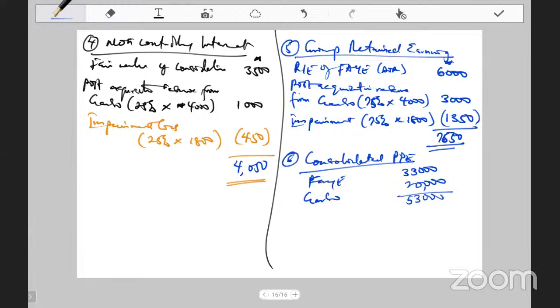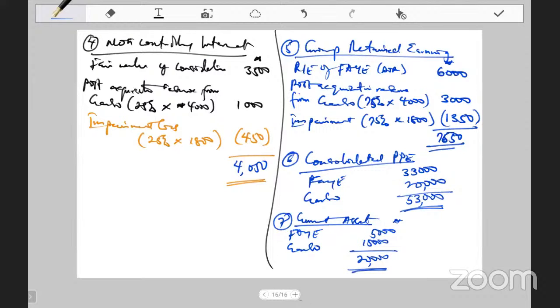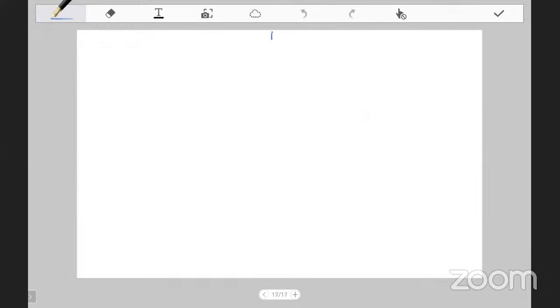So note 7, we go to our current asset. For the current asset, I have for Faye how much? 5,000. I have for Gabon how much? 15,000. Giving me a total of 20,000. So we'll move to the next additional information, note 8.